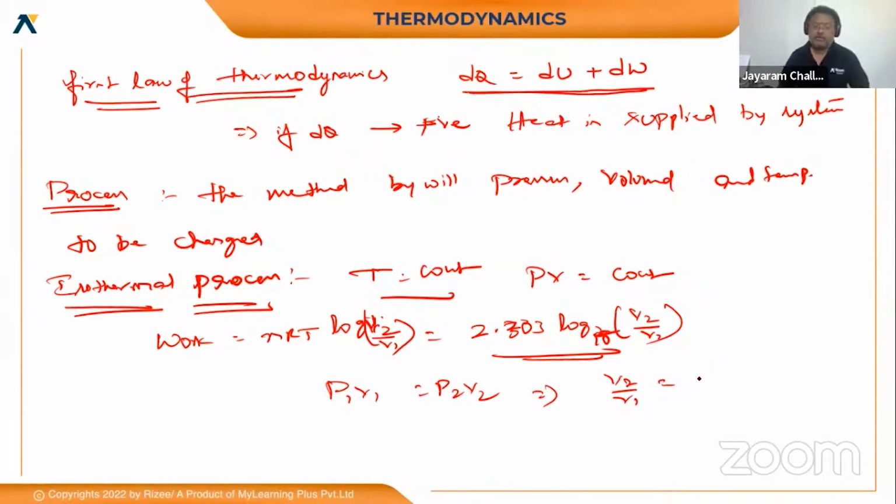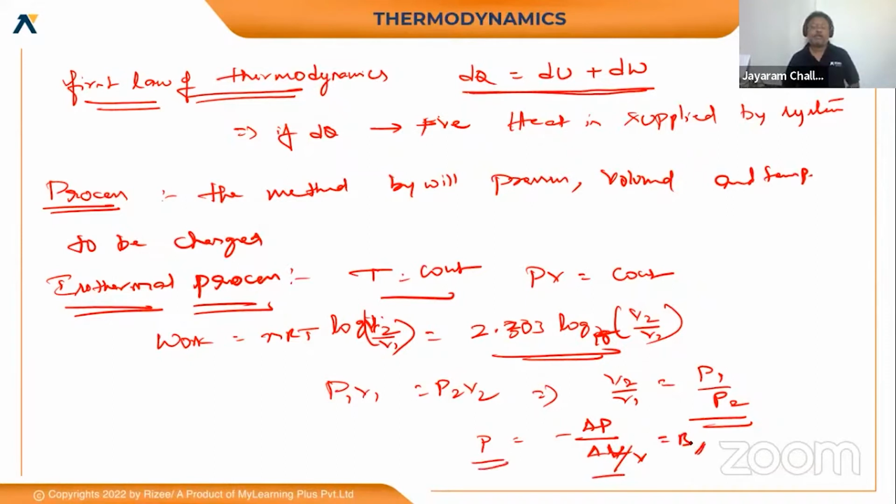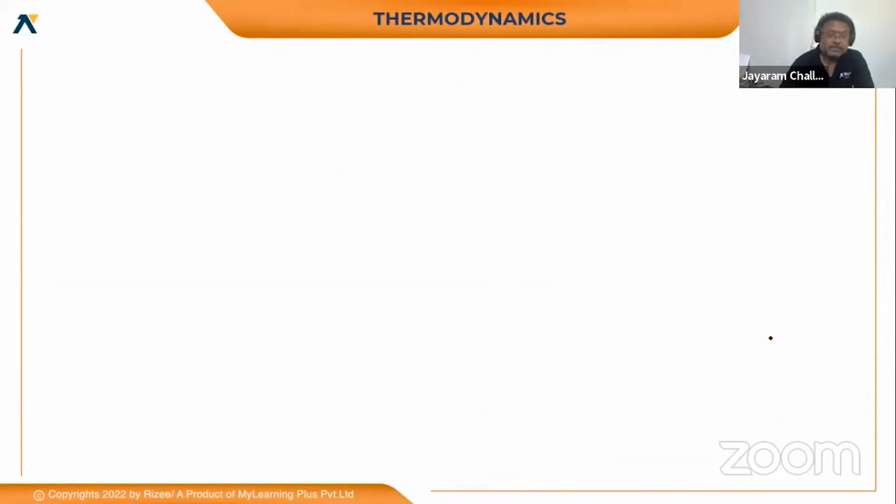So from this you can write it as P1 by P2, or the change in pressure, P is equal to minus delta P by delta V by V. This is the bulk modulus under the isothermal process, so pressure and bulk modulus will be the same. We have written the work done formula. So these are the different things regarding this process.